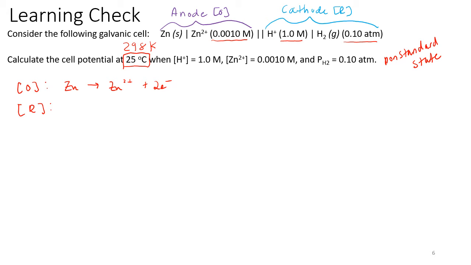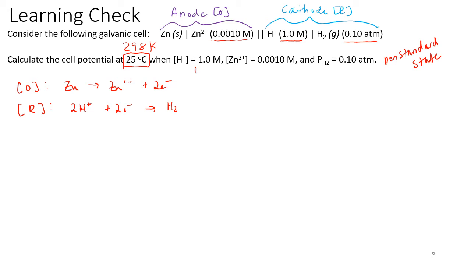That's at our anode. And at our cathode, our reduction half reaction, and I'm just going to balance this, is going to be 2H+, so 2 hydrogen ions, gaining 2 electrons to become H2 gas. And you would actually see that gas bubbling out.